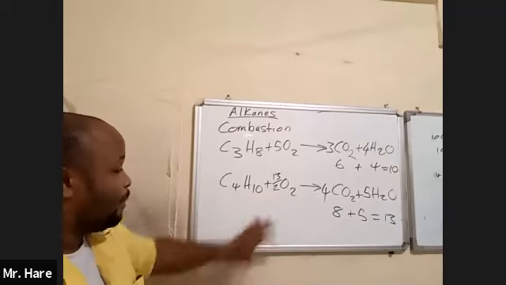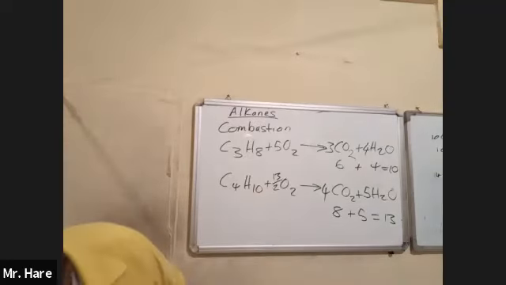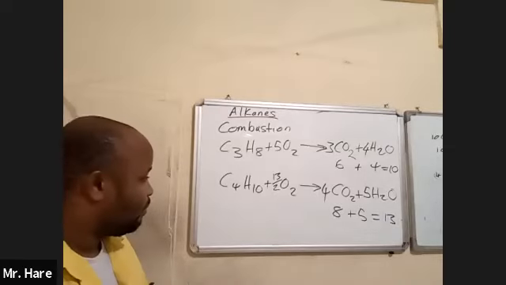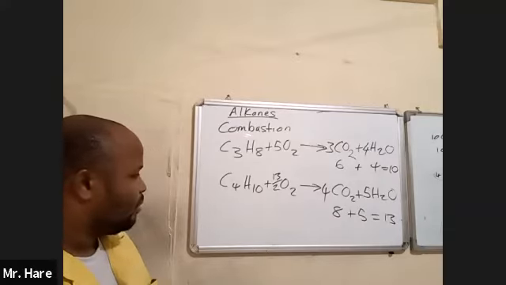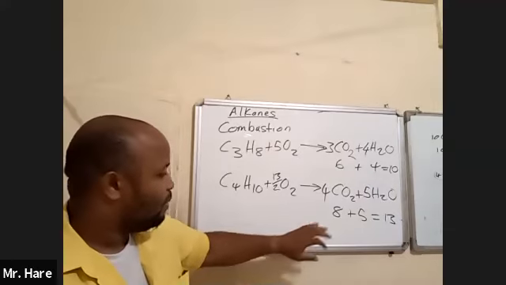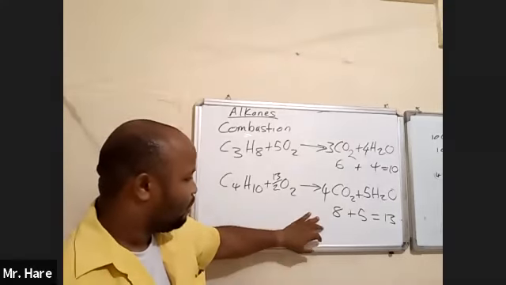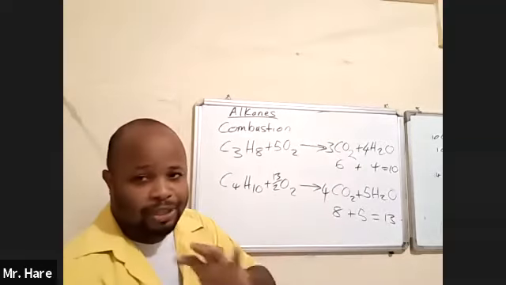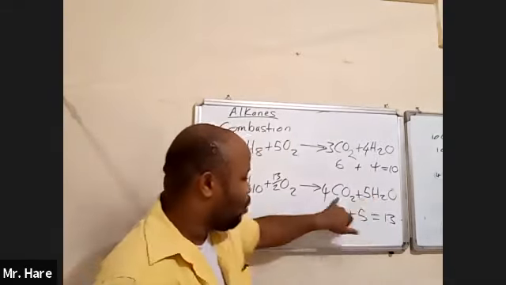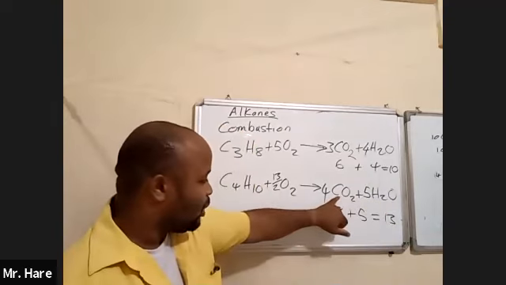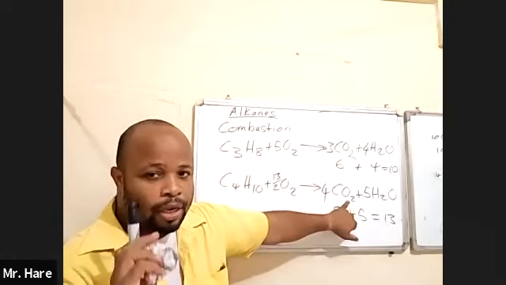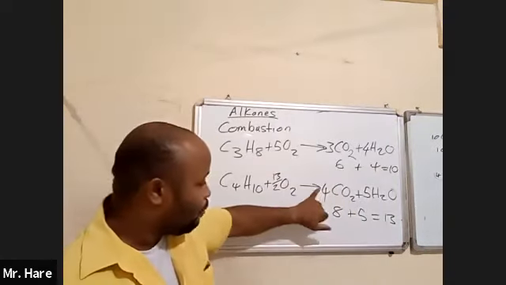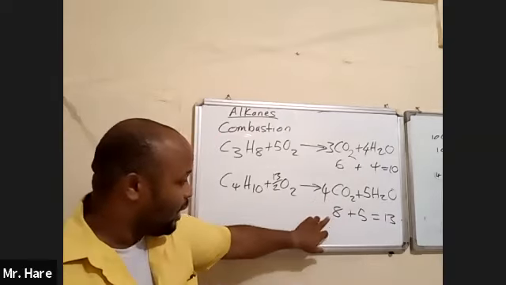And that's it. Yes. So you times the number of CO2 by the number of hydrogen, like 4 times 2, then 5 plus 5. Oxygen is in 2 different compounds, so we have to check how much oxygen is in CO2. 2 oxygen is present in 1 mole of CO2, but we have 4, so 2 times 4, 8.